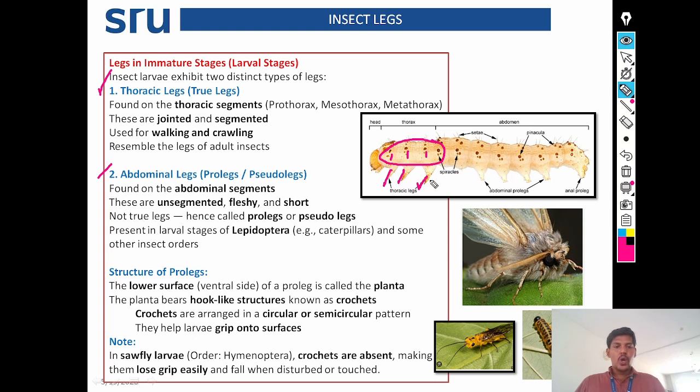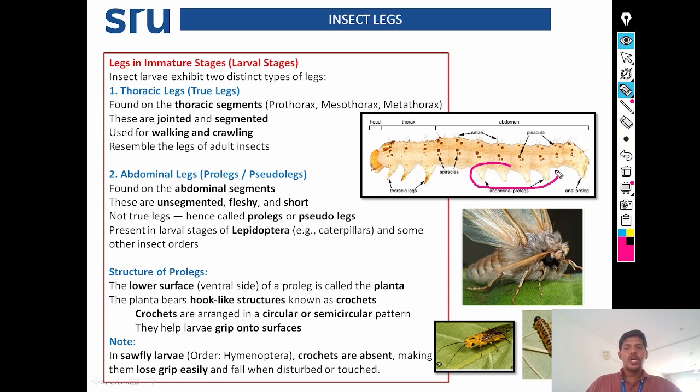These legs are jointed and segmented, used for walking and crawling. They resemble the legs of adult insects. That's why they are named thoracic legs or true legs. Next, see abdominal legs or prolegs or pseudolegs.